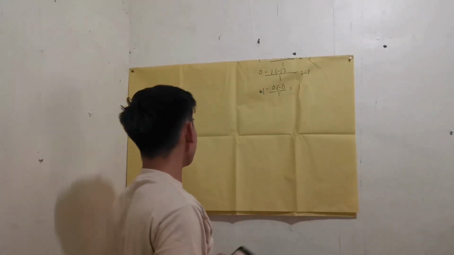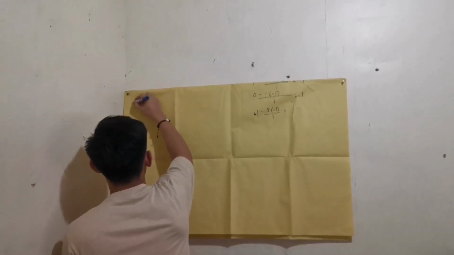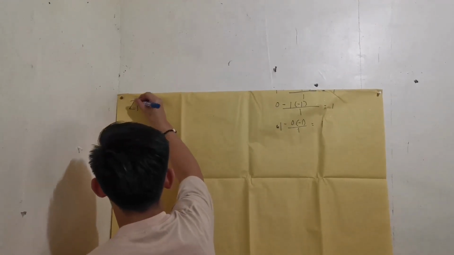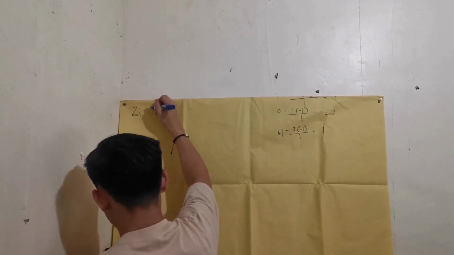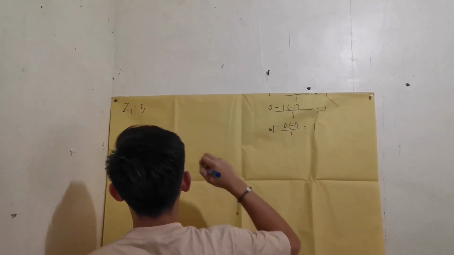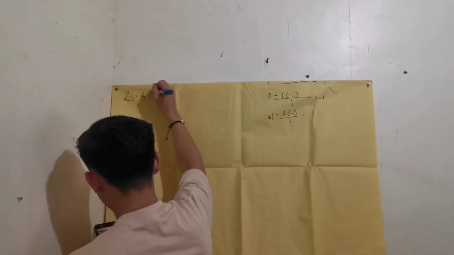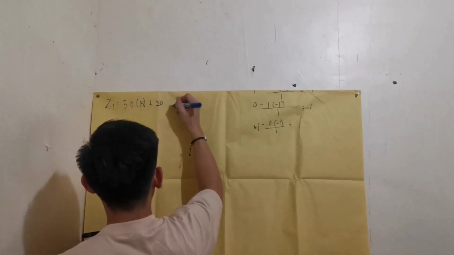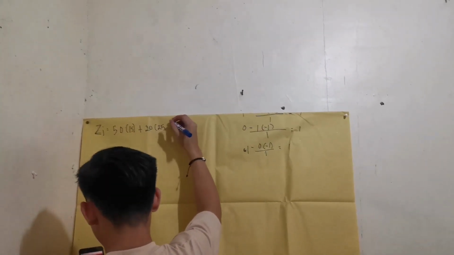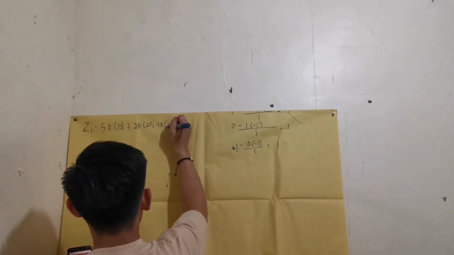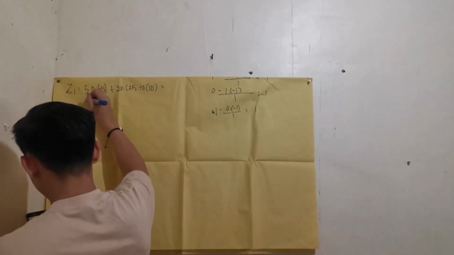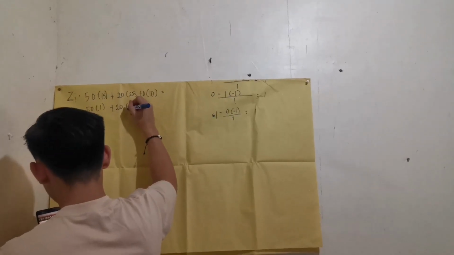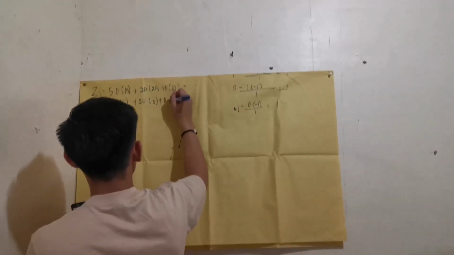So, kunin natin yung C sub J times the constraints, no? 50 times 15 plus 20 times 25 plus 0 times 10, and 50 times 1 plus 20 times 0 plus 0 times 0.